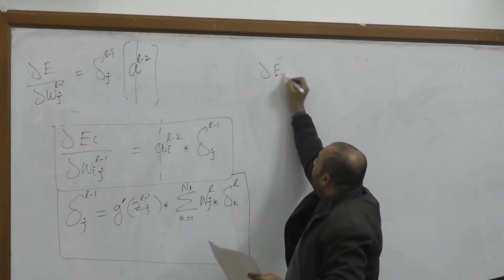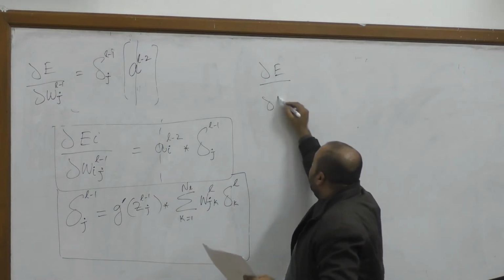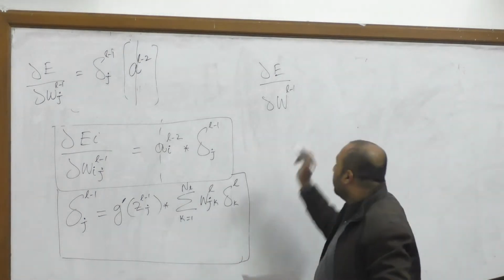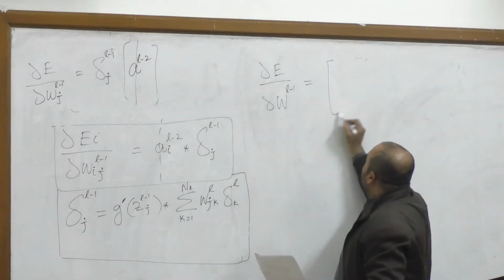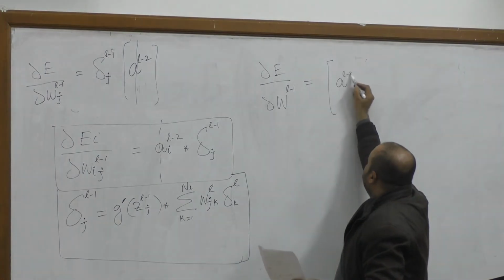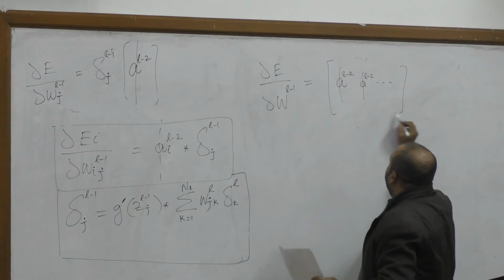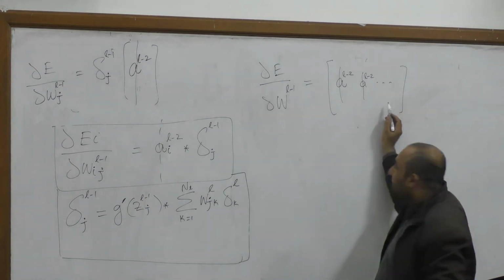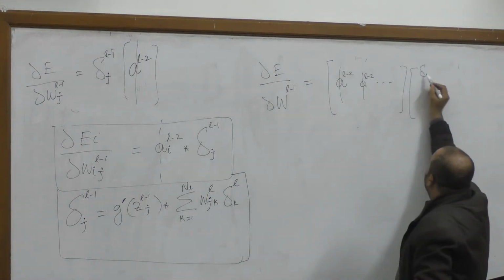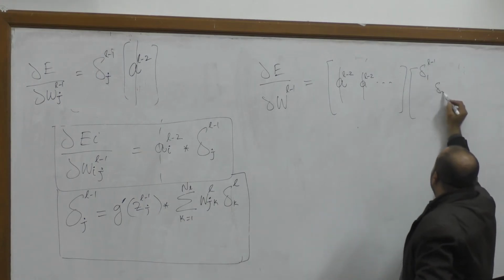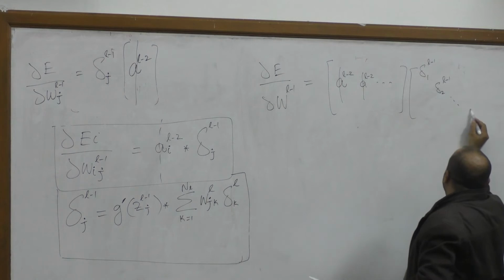The derivative of E with respect to the matrix at L minus 1, all the neurons, is equal to A L minus 2 column, A L minus 2 column, and so on, as many columns as there are neurons, times sigma 1 of L minus 1, sigma 2 of L minus 1, as many sigmas as there are neurons.